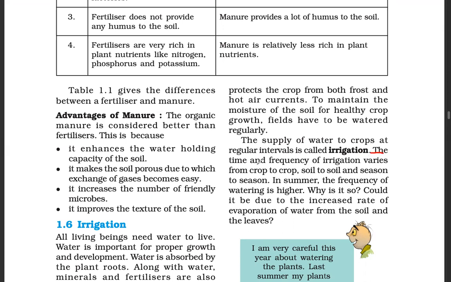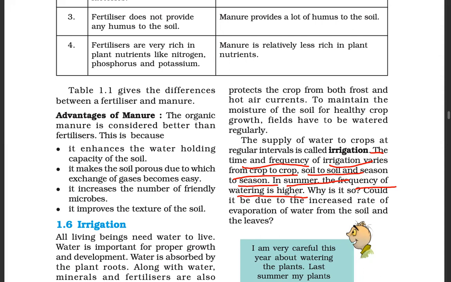Okay? So the time and frequency of irrigation varies from crop to crop, soil to soil, and season to season. In summer, the frequency of watering is higher. Exactly. Do you know why? What is the reason for it? We have learned that water evaporates, condensation happens, and precipitation.